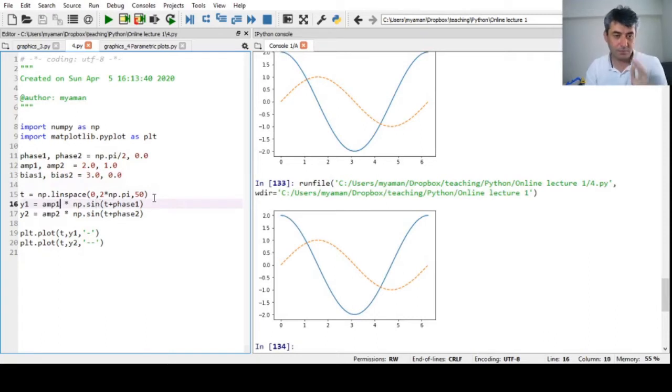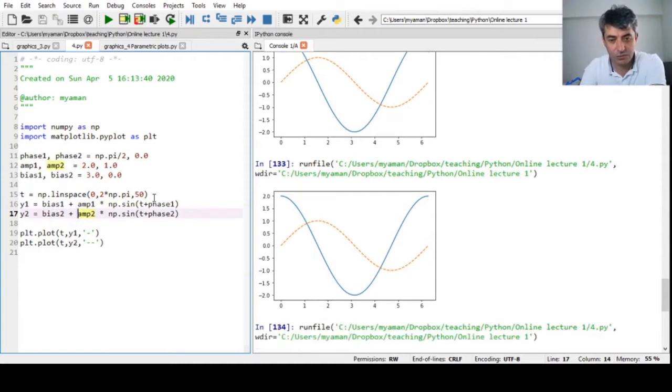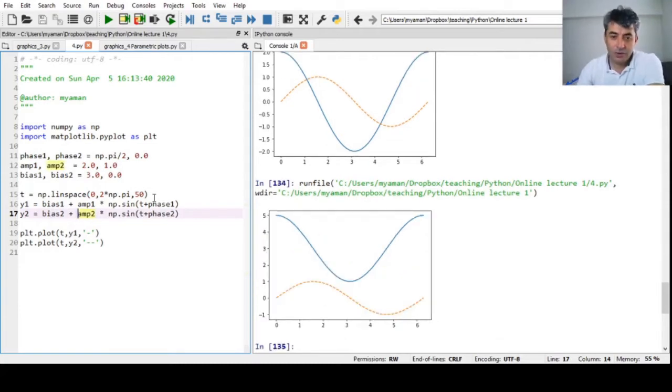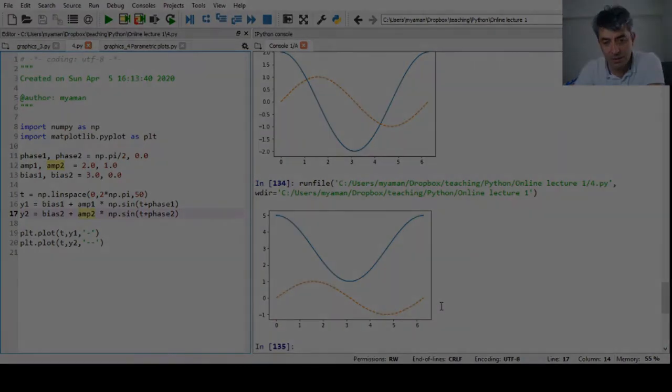I must have the bias here, bias 2, which basically shifts the curves. There you have the first curve shifted up by 3. The next one is still around 0.